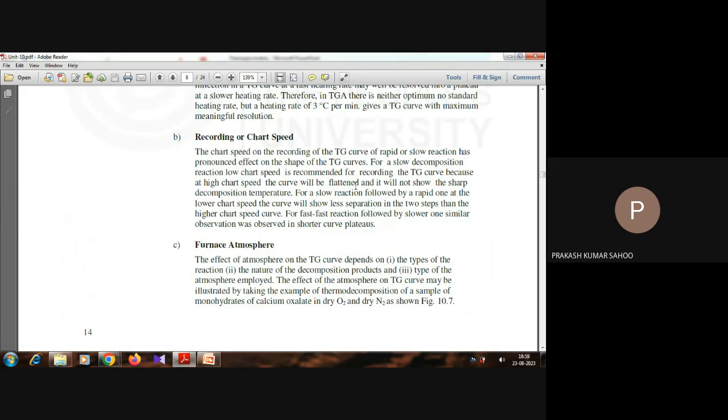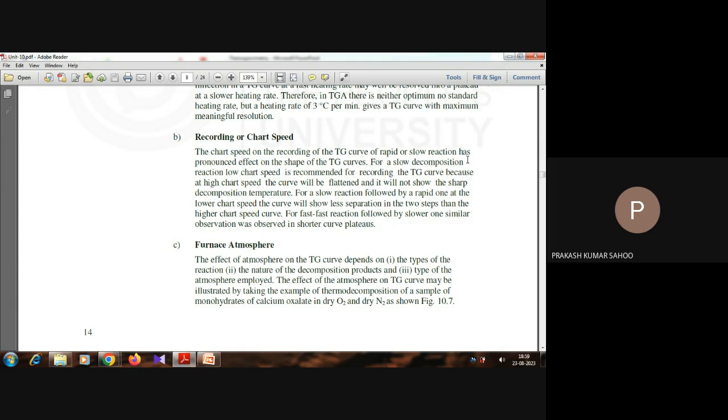Then recording or chart speed. The chart speed on the recording of the TG curve of a rapid or slow reaction has a pronounced effect on the shape of the TG curve. For a slow decomposition reaction, a low chart speed is recommended for recording the TG curve, because at high chart speed the curve will be flattened.